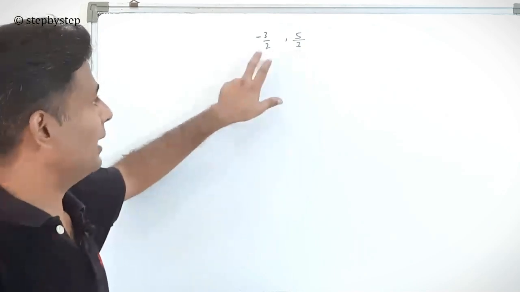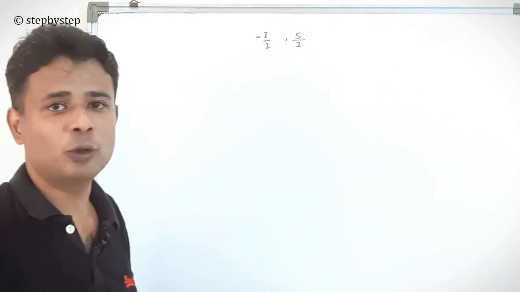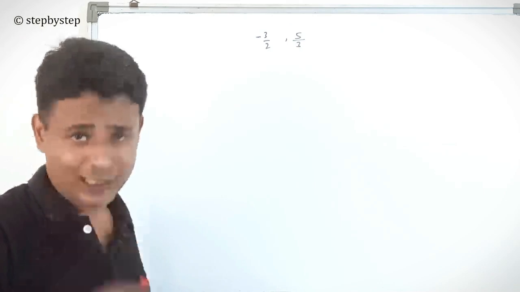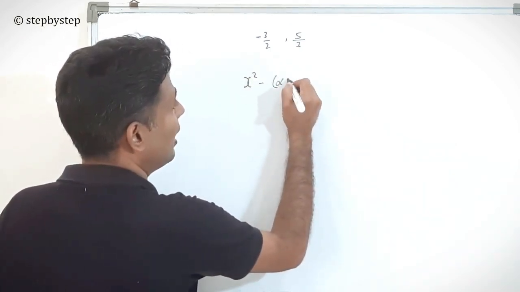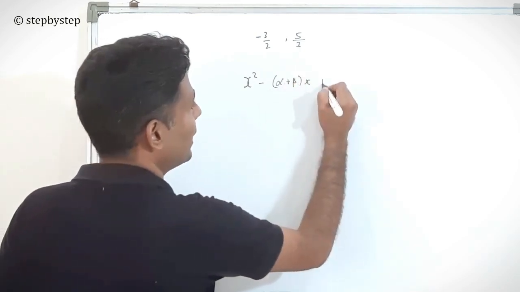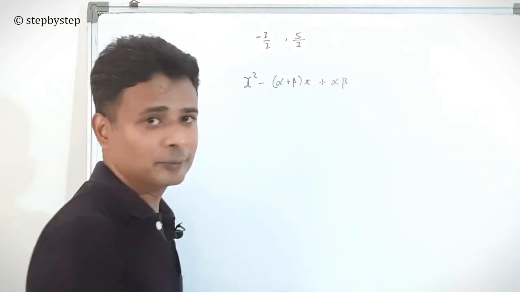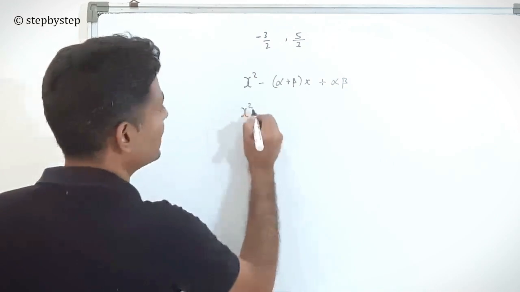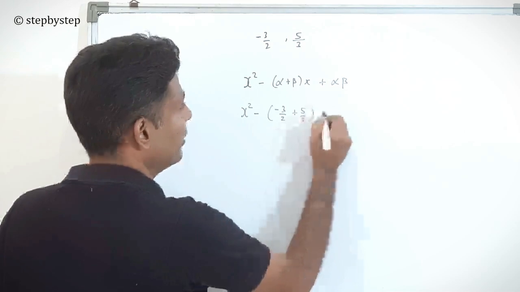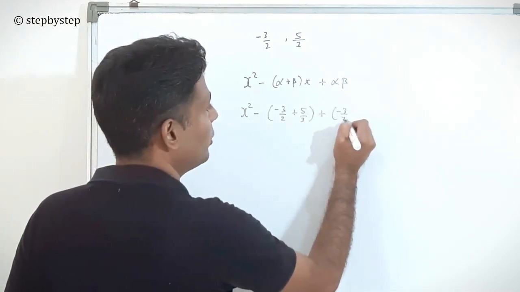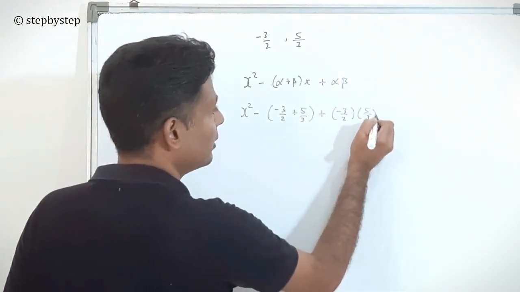Let's say they have given you minus 3 by 2 and 5 by 3 as the two zeros, which means it's a quadratic polynomial. What is the relation we use? x square minus (alpha plus beta)x plus alpha beta. So we will do that. x square minus (minus 3 by 2 plus 5 by 3) x plus alpha beta, that is minus 3 by 2 into 5 by 3.